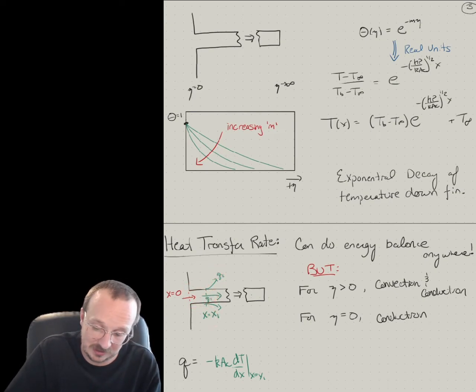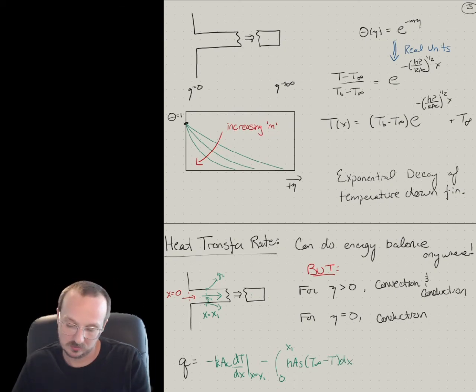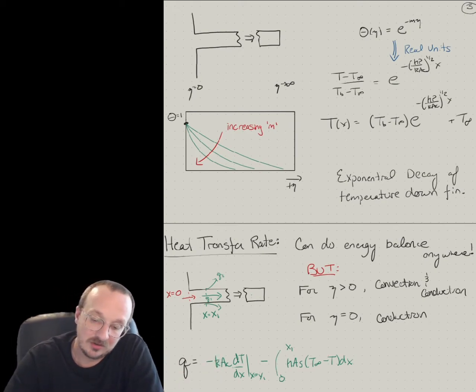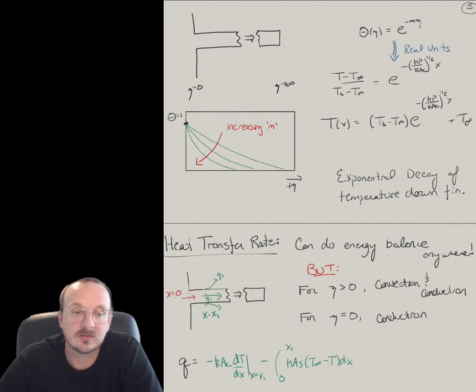Okay, so it'd really be minus the integral from 0 to x1 of H AS (T infinity minus T) dx. So this is minus HA delta T, or HA (T surface minus T infinity), where here T surface varies down the surface.